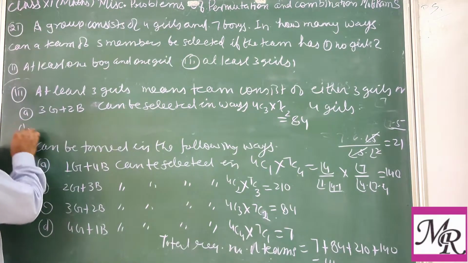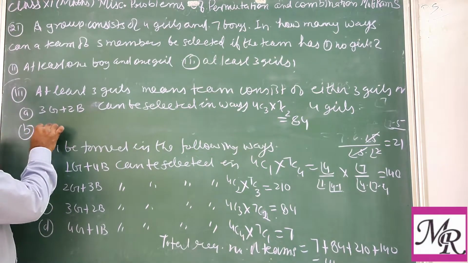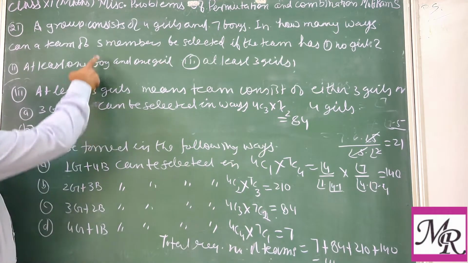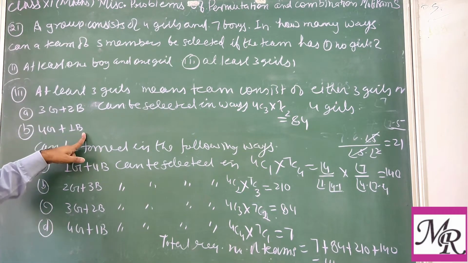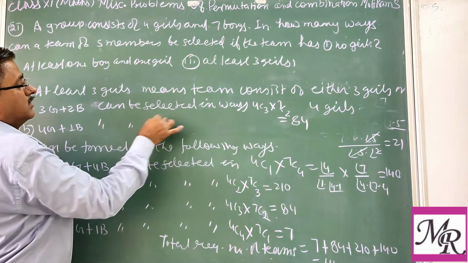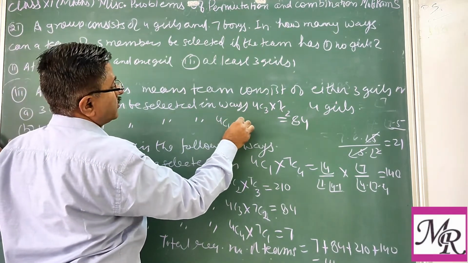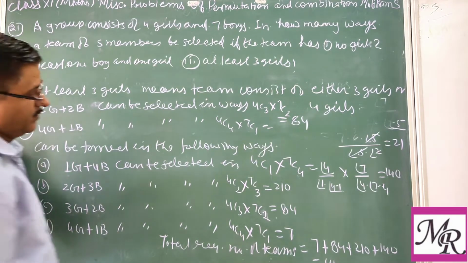Similarly, second case, 4 girls. Then the remaining 1 is a boy only, because we need a total of 5 members. 4 girls are there, then 1 left member is a boy. Can be selected in how many ways? 4C4 into 7C1. That is 7.